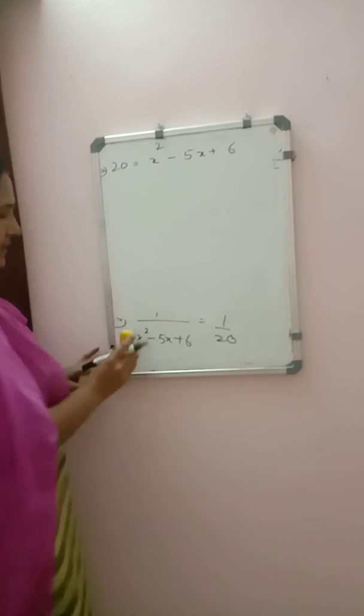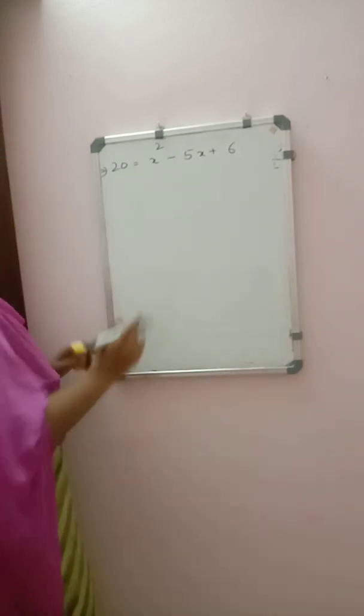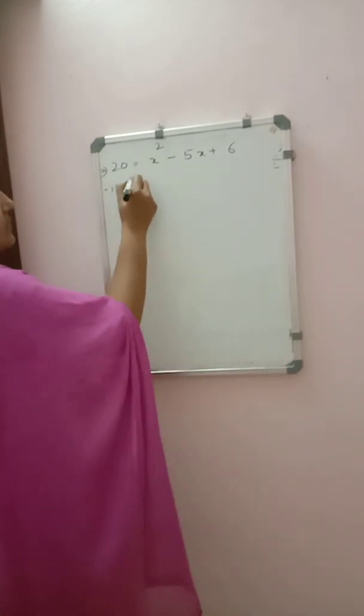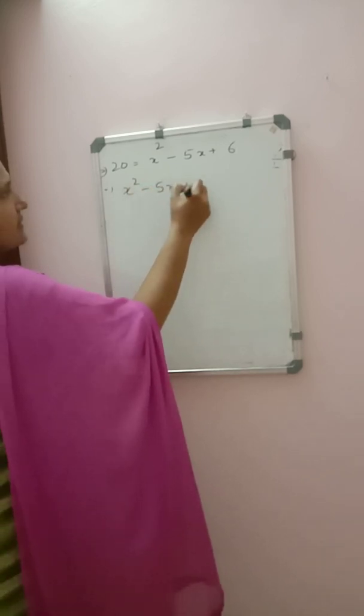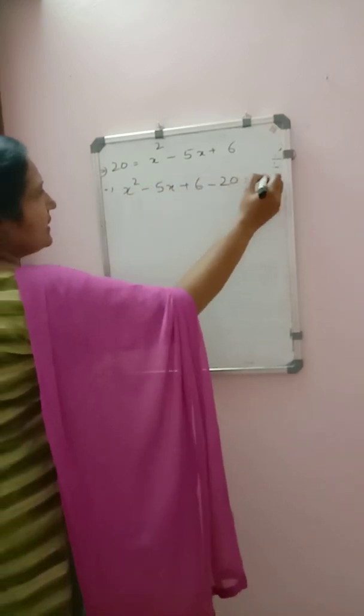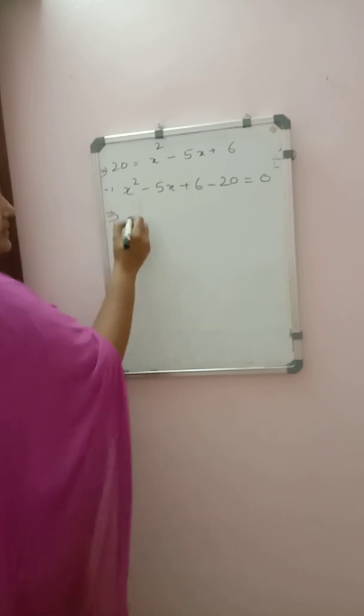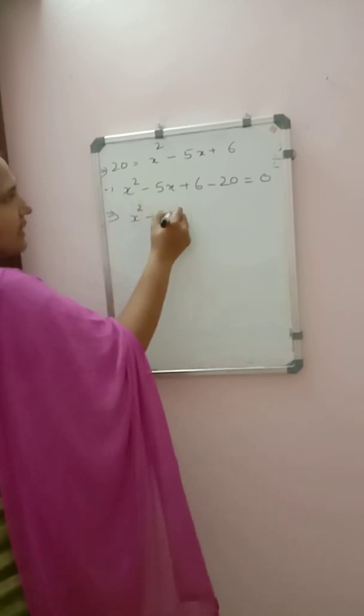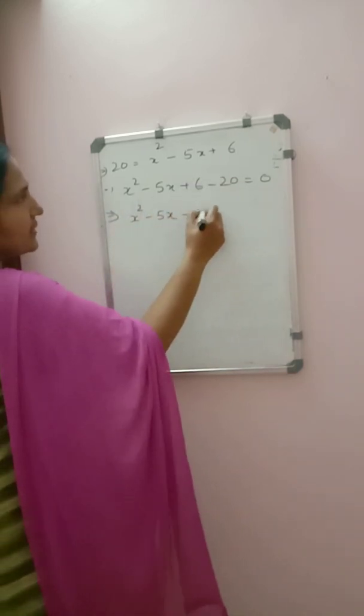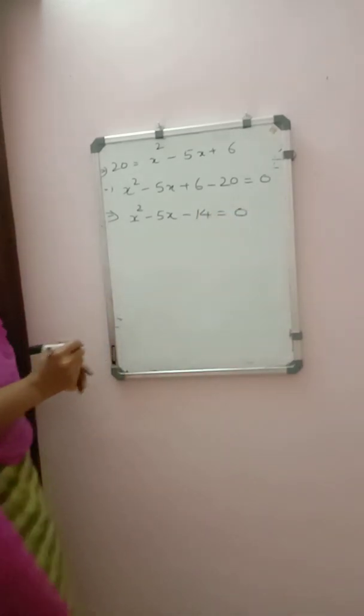Now we can shift 20 to the right hand side. x square minus 5x plus 6 minus 20 equals 0. x square minus 5x, 6 minus 20 is equal to minus 14, equal to 0.